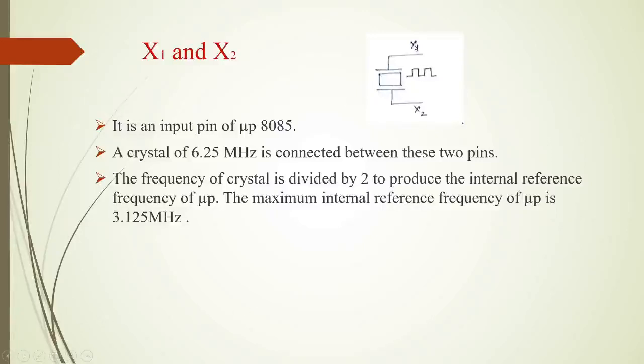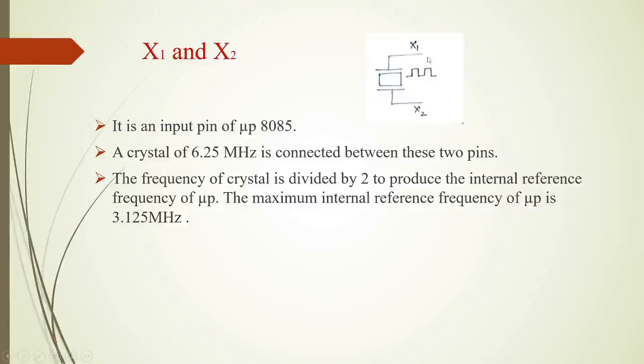Here you can see there are two pins, that is X1 and X2, and between these two pins there is a crystal oscillator. You have already studied in your third semester that a crystal oscillator is a device which will produce a square waveform. Now this square waveform will enter into your 8085.